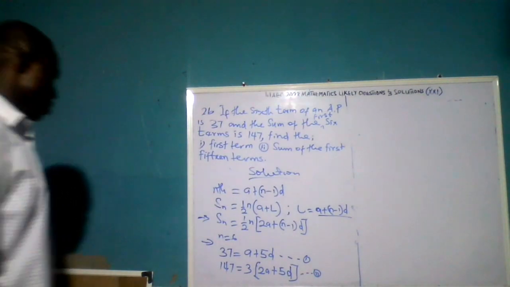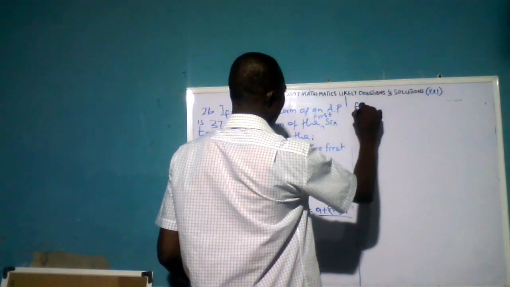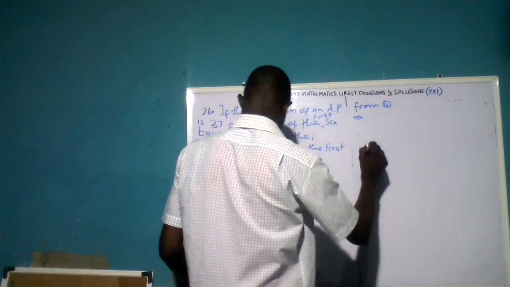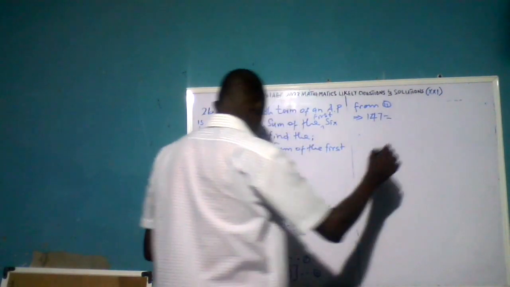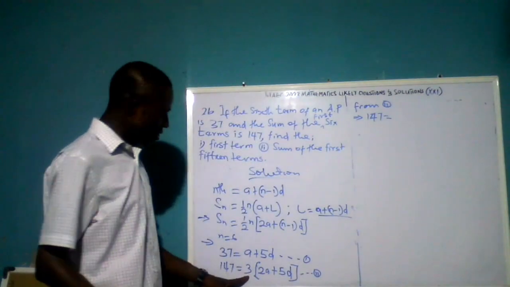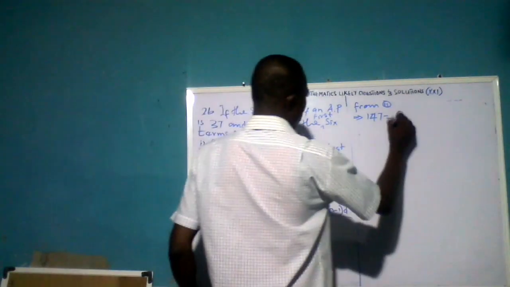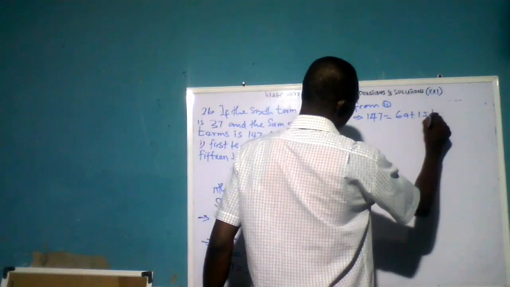So if you simplify equation 2, we have 147 to be equal to, clearing this bracket now, you have 6a plus 15d.